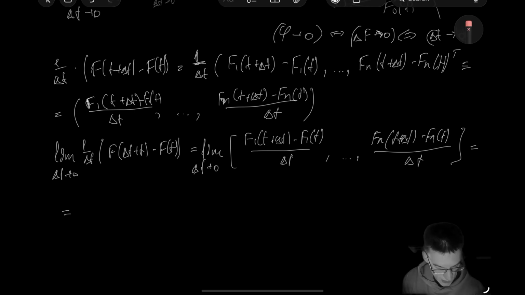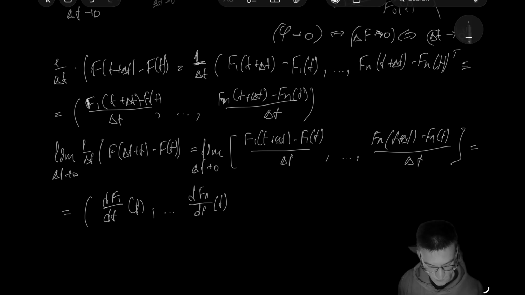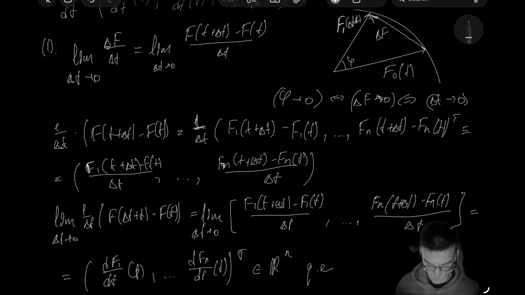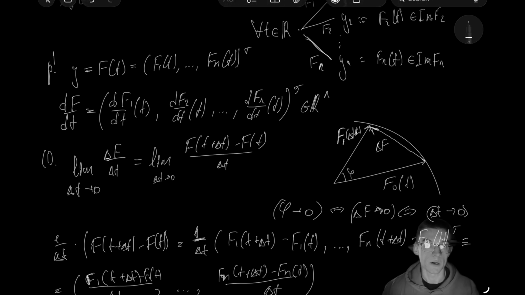So this is the vector of the derivative of f1 with respect to t, until the derivative of fn with respect to t, transposed, belonging to n-dimensional hyperspace. Vector space is a little bit different thing, but in a general sense, this is the n-dimensional hyperspace. We proved the first very important conclusion, which follows from the definition of vector function in n-dimensional hyperspace.